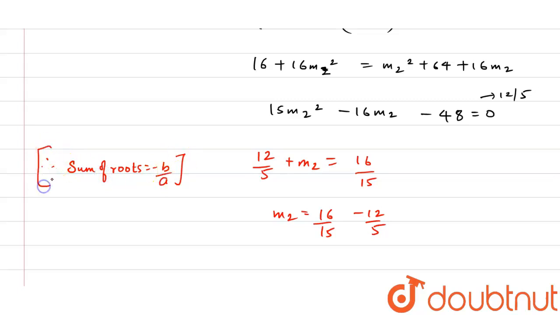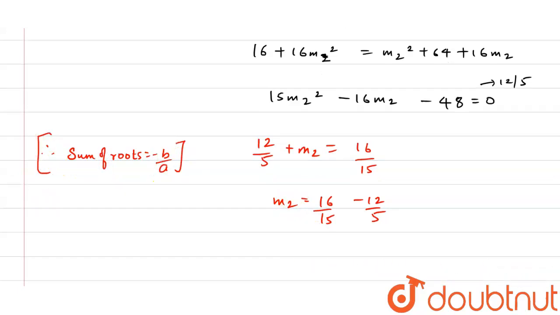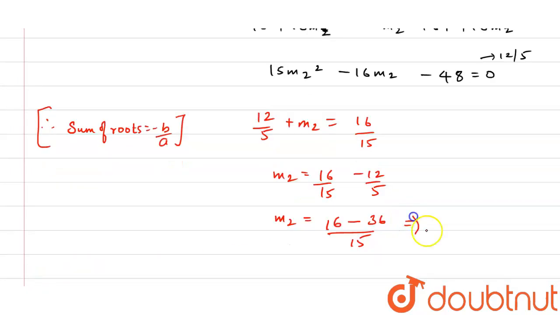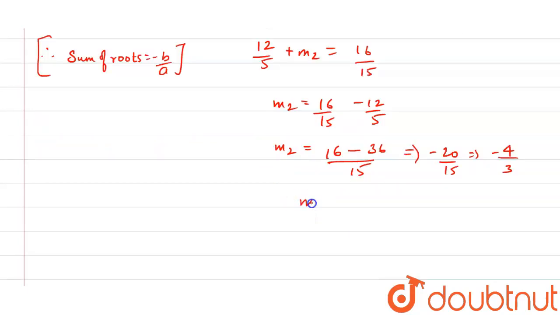So if we take LCM, m2 is equal to 16 minus 36 divided by 15. This value is equal to minus 20 by 15, which is equal to minus 4 by 3. So we get the slope m2 is equal to minus 4 by 3.